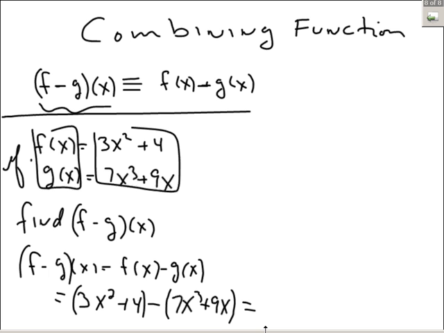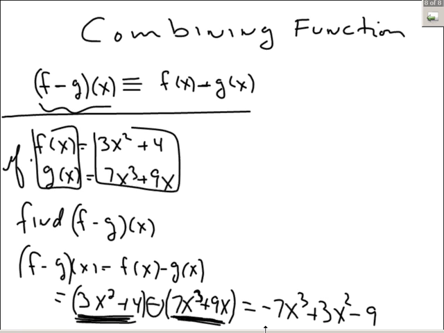So I see cube terms, I see square terms, I see linear terms, that is x terms, and constants. 0x cubed minus 7x cubed is minus 7x cubed. I'm subtracting. 3x squared minus no x squared is still positive 3x squared. 0x minus 9x is negative 9x.